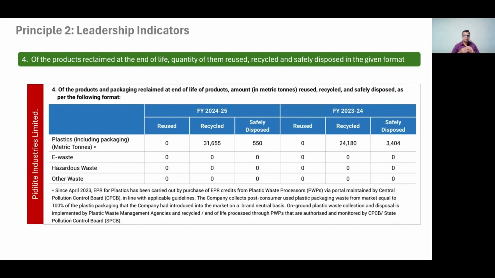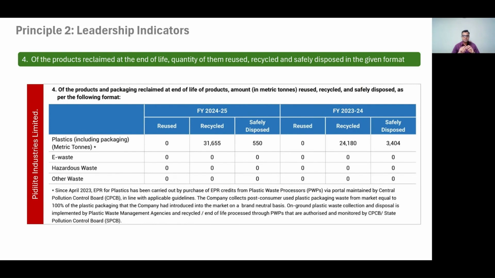Let's take an example of Pidilite Industries Limited again. It clearly states that since April 2023, EPR for plastics has been carried out by purchase of EPR credits from plastic waste processors via the portal maintained by the CPCB in line with the applicable guidelines.